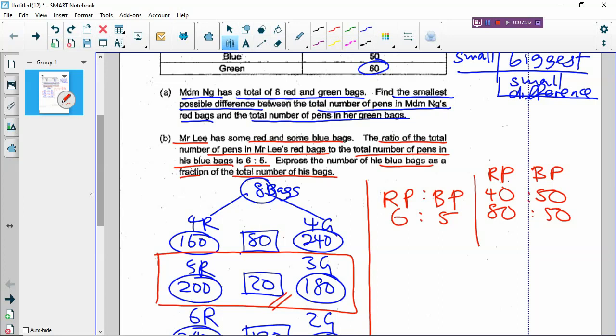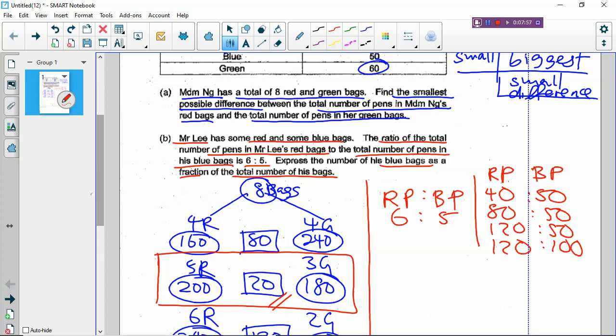So I continue to increase the red pens. How about 3 bags of red pens? 120:50, that'll be 12:5. So we didn't get the ratio 6:5. How about I keep the red pens the same and increase the blue pens? I have another bag of blue pens, which is 2 bags, so 100 blue pens.